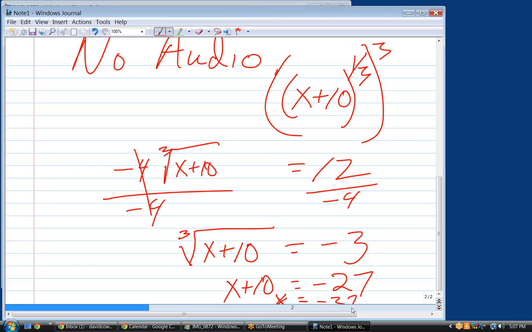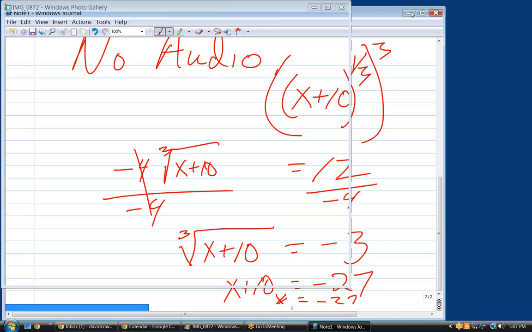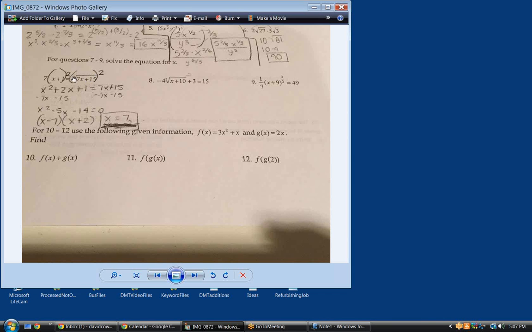Okay. And that's how you do problems that have exponents. But notice you did that on number 7. You had a square root, so you squared both sides. And that was the quickest way to eliminate that radical sign. And same thing here.